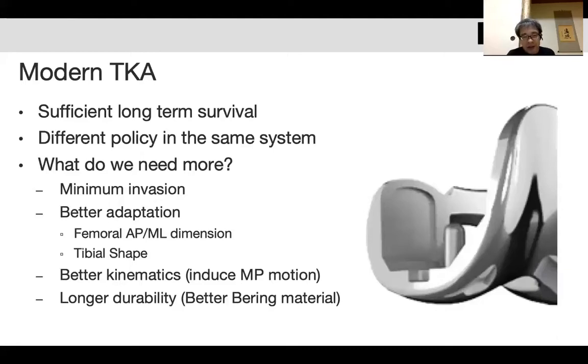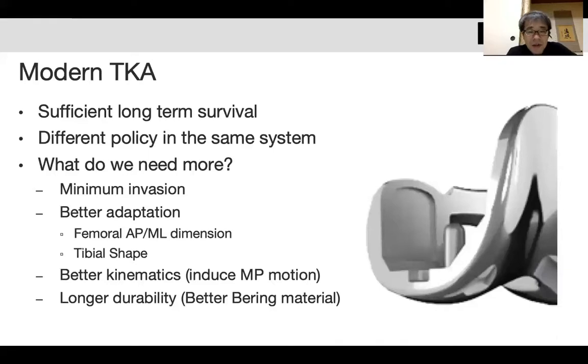So to increase the variety of component sizes, we need to prepare many prostheses in the same operation. So how to reduce the number of prepared prostheses? Pre-operative planning is very important.